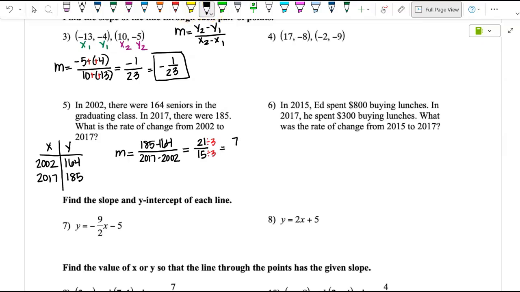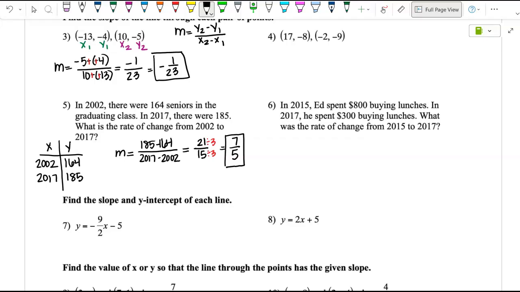So this would be 7/5. Now, what this rate of change means in context to this problem is that the graduating class increases by 7 students every 5 years. That's what that rate is giving us.